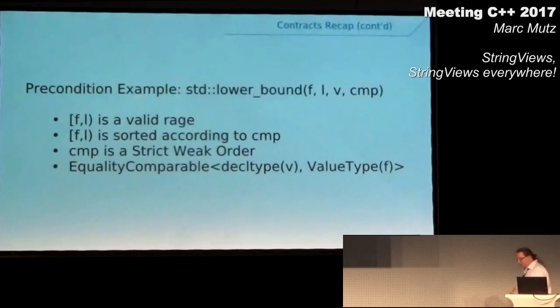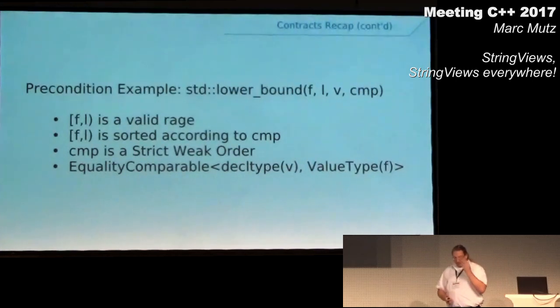So here's an example of some non-trivial preconditions. std::lower_bound, with first, last, value, and compare. The first precondition is that f and l as an open interval is a valid range. And f and l should also be sorted according to whatever CMP sorts after. CMP is supposed to be a strict weak ordering.